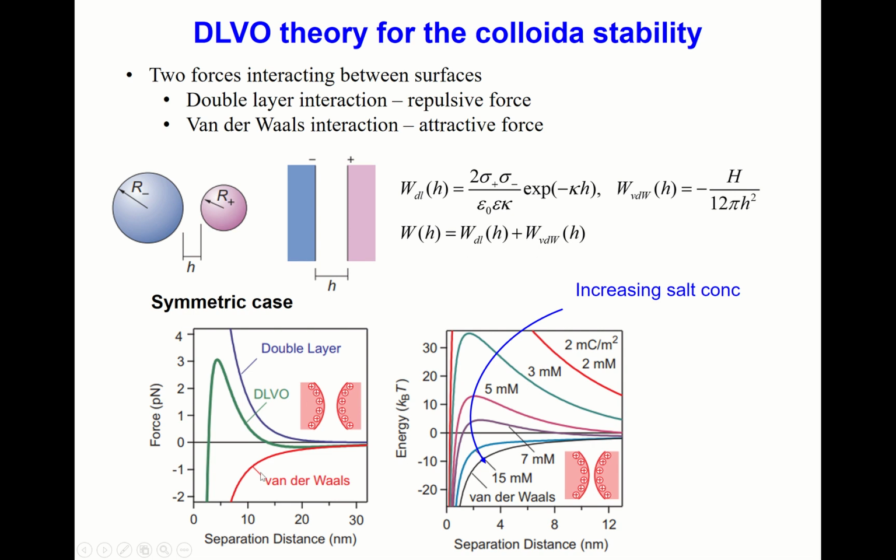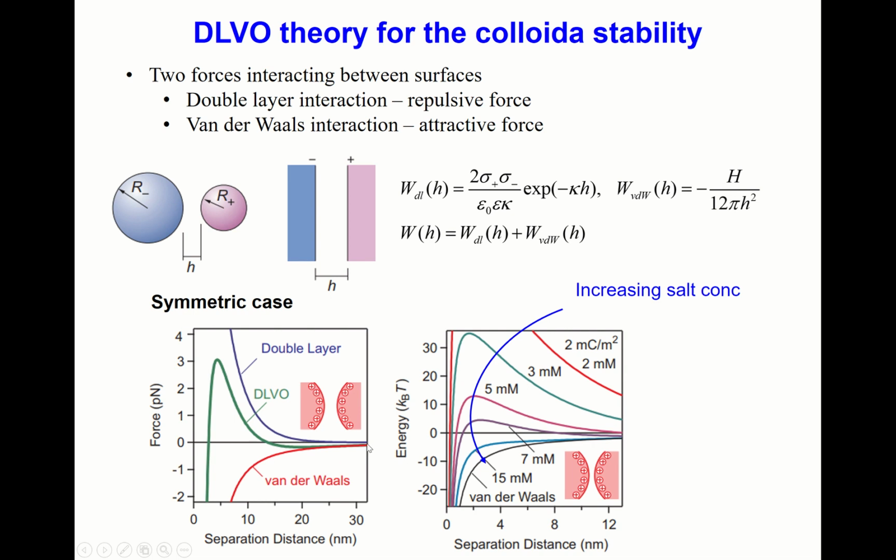This figure illustrates how the two forces work. The double layer interaction force decreases exponentially. The y-axis is force and the x-axis is separation, the h value. Here the positive value means repulsive force and the negative value is attractive force.